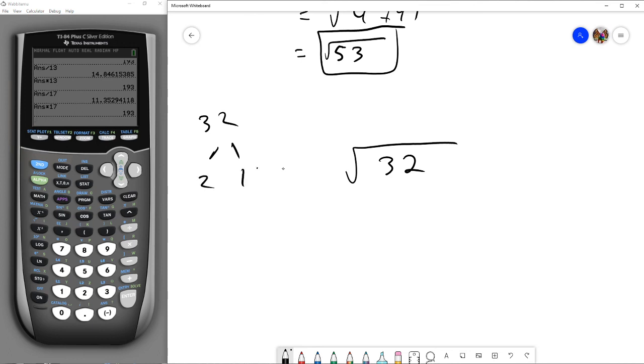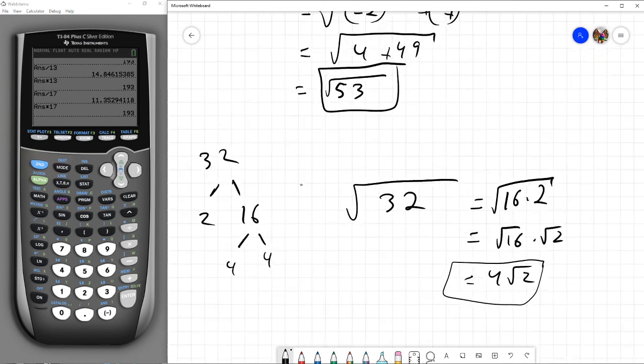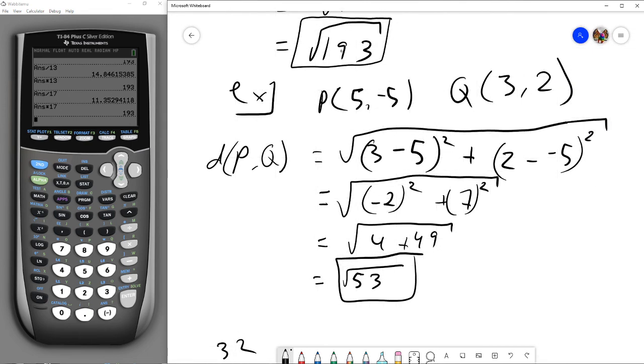If we divide 2 out, there's 2 and 16. Well, I know that 16 is 4 times 4. So it's the same thing as the square root of 16 times 2, or square root 16 times root 2. That gives you 4 root 2. So if you had an answer like root 32, you would have to reduce it down like this. In our 2 examples, however, we had prime numbers, so they didn't reduce down.